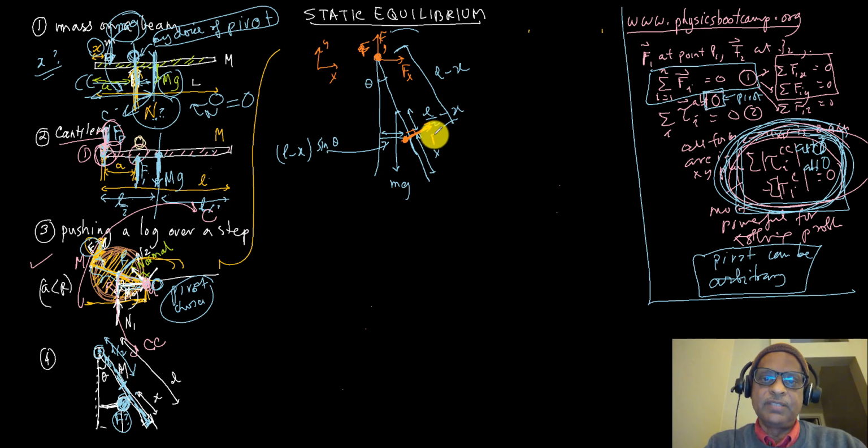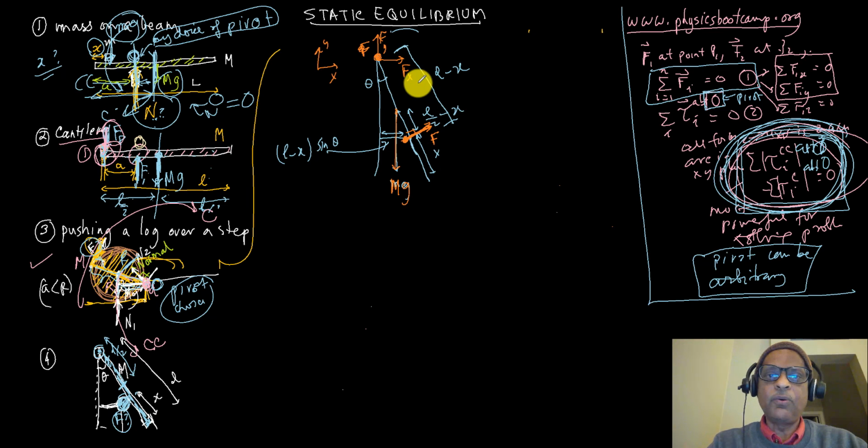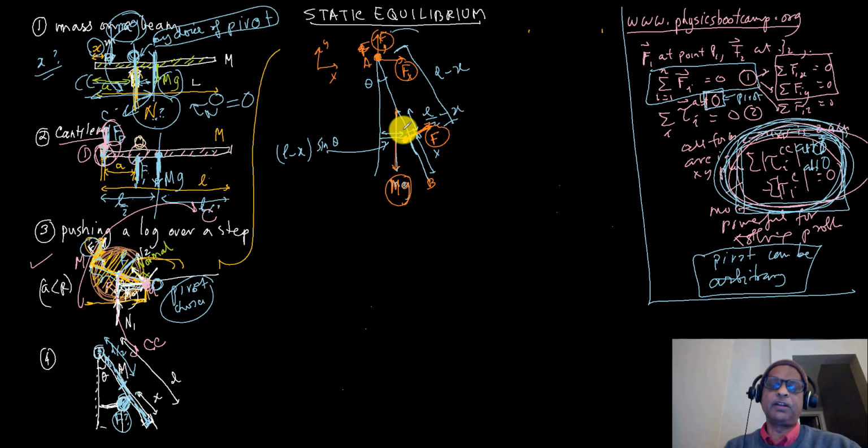So this is the F we want. And then you have a capital Mg of the bar at L over 2. And these are the forces on the bar. So we have four forces on the bar.